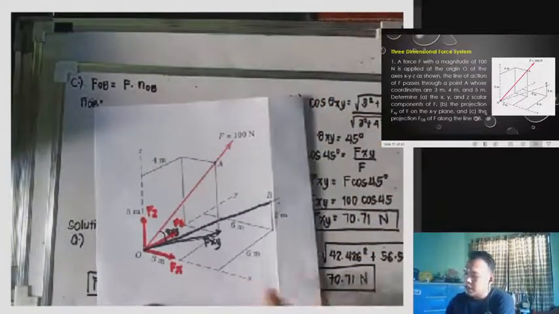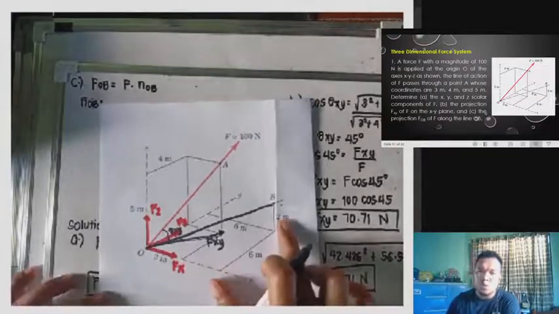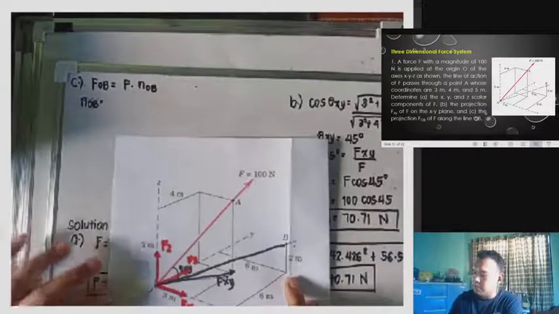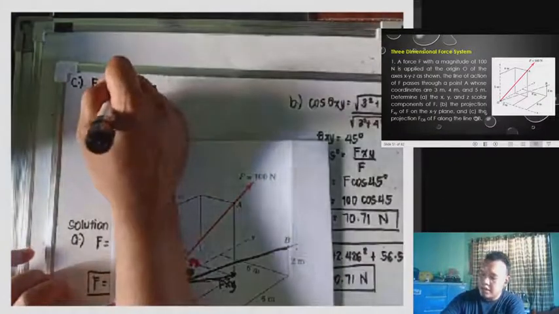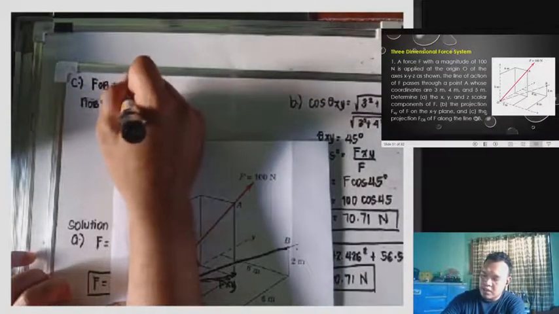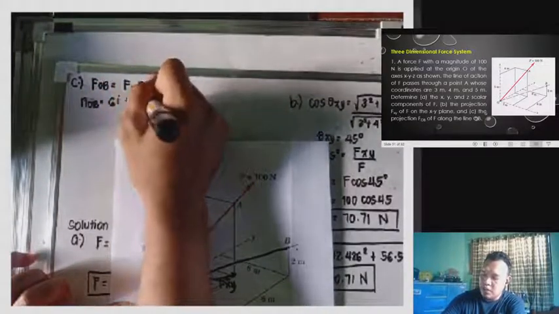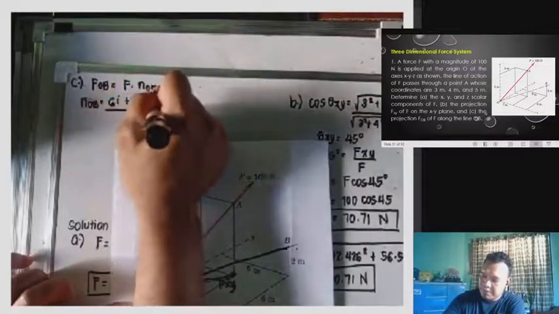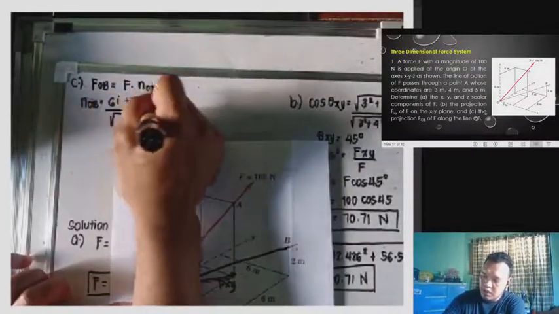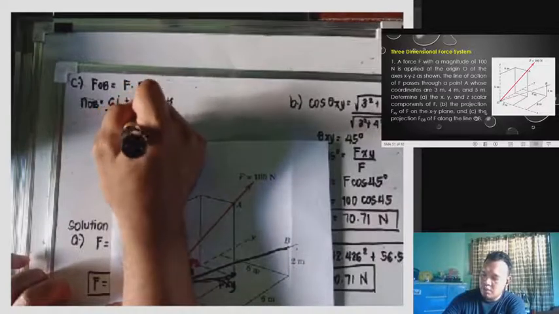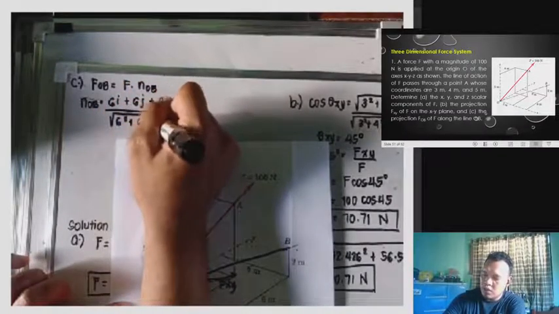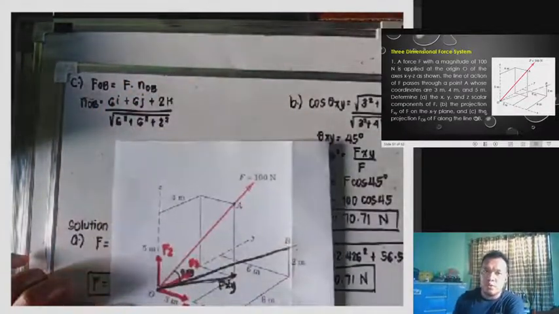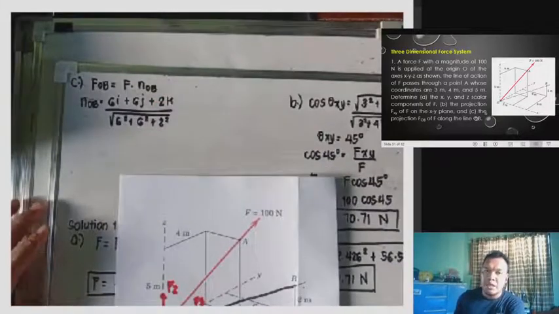We have here the 6 and 2 coordinates. So we have 6i plus 6j plus 2k all over the square root of 6 squared plus 6 squared plus 2 squared. That is our NOB.